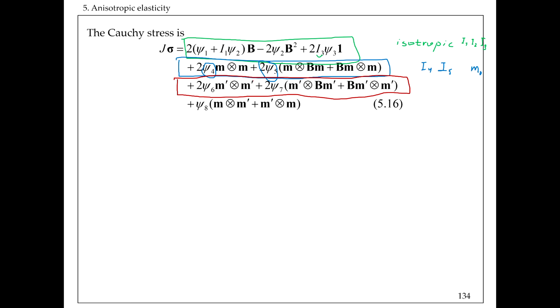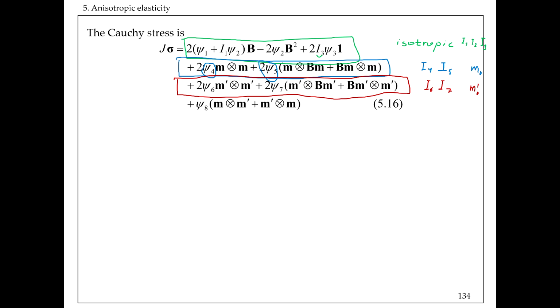You have this M tag here instead of M. So basically this is another direction of fibers that we express in terms of invariants I6 and I7, associated with structure tensors built on this additional direction, the second family of fibers, M0 tag.